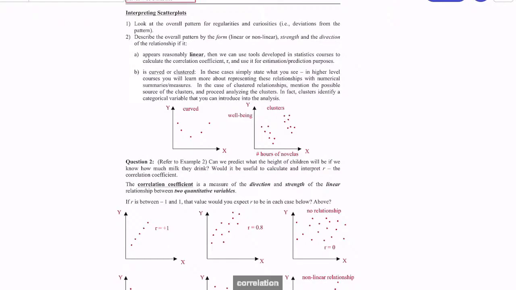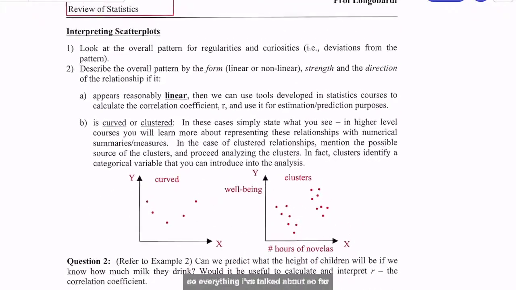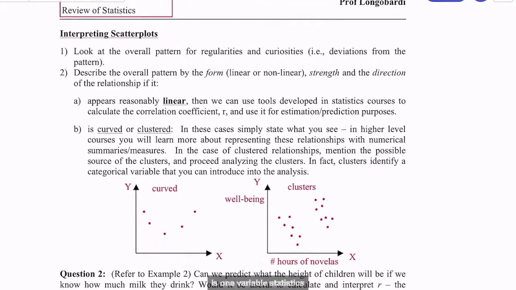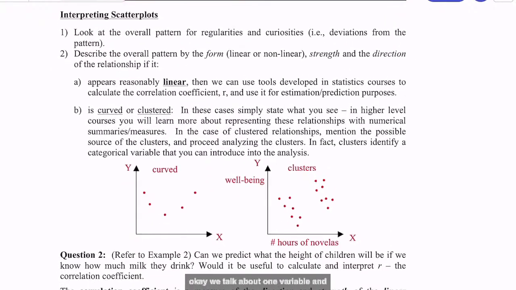And now we're moving to correlation. So everything I've talked about so far is one variable statistics. We talk about one variable and characterizing it, deriving its distribution, and then using the distribution to make predictions. What if you have two variables?